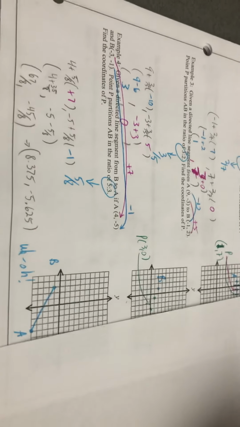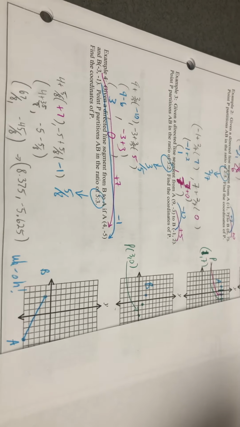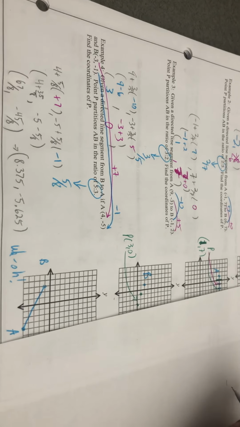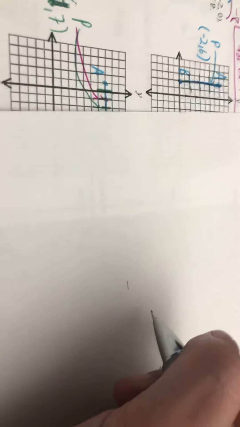All right. So this one's going from B to A. So we need to start at -3, -1, that's where we need to start at. So we'll just make a new video.